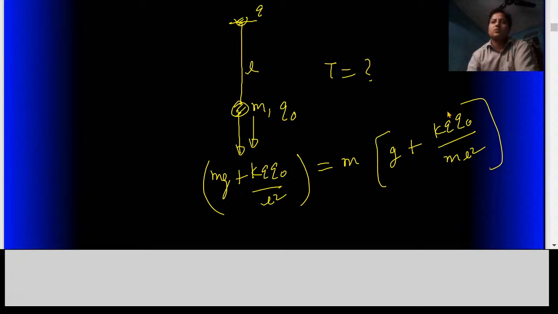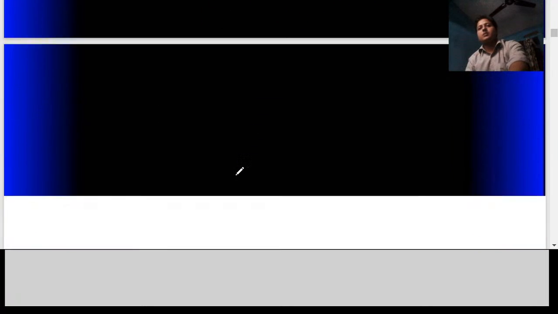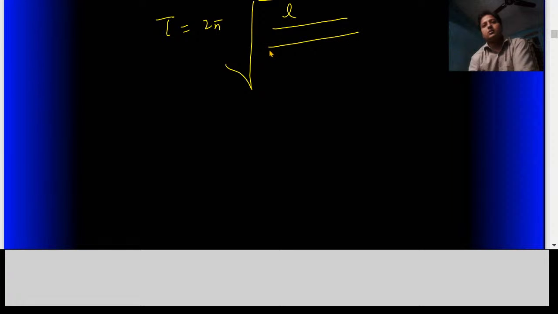So what is the time period? Time period is 2 pi under root L over effective acceleration, which is g plus k q q0 over m l square.